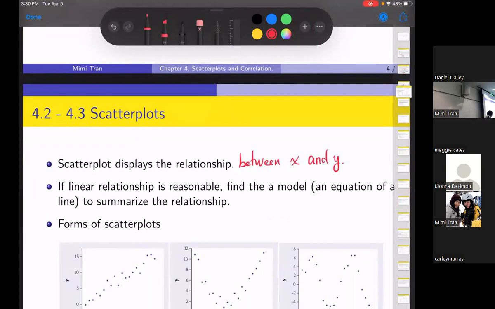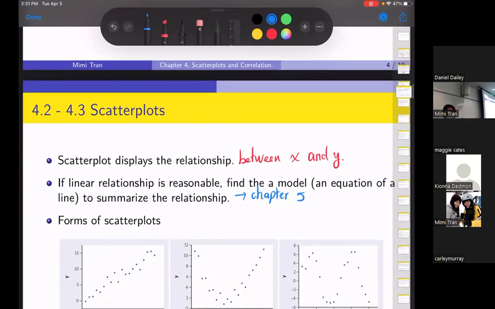Well, y is always on the y-axis and the x variable on the x-axis, but the scatter plot is the same for it. But we're supposed to know for ourselves. For the second bullet point, it says if a linear relationship is reasonable, we're gonna find a model. It's just a different way of saying finding an equation of the line to summarize the relationship. This one is chapter 5, so if you don't get what I'm saying, it's no big deal.